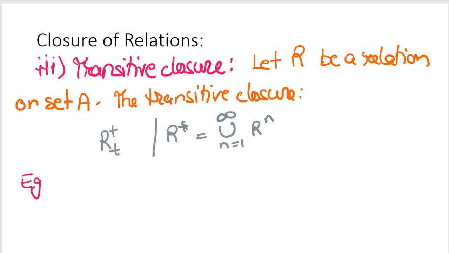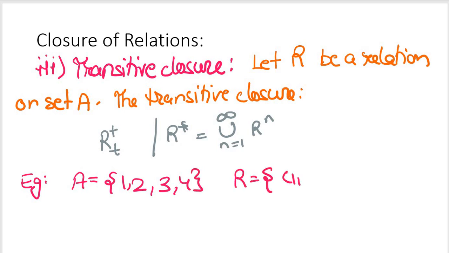And let's take one example so things will be much clearer. Let's take the same set 1, 2, 3, 4, and then let's take the relation R, where I have 1 comma 2 and 2 comma 3.